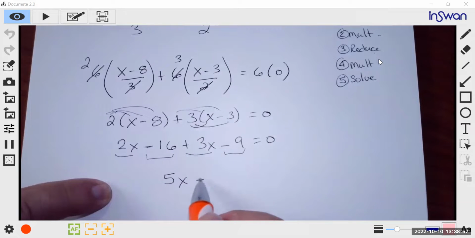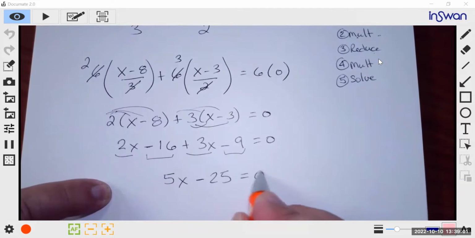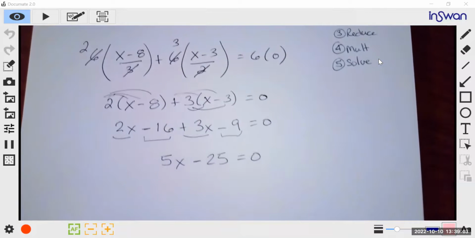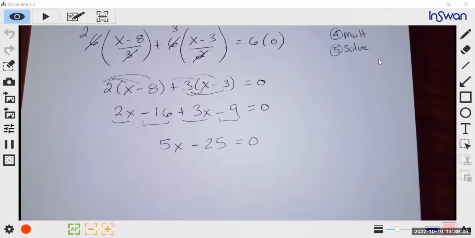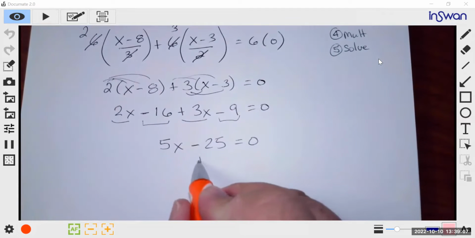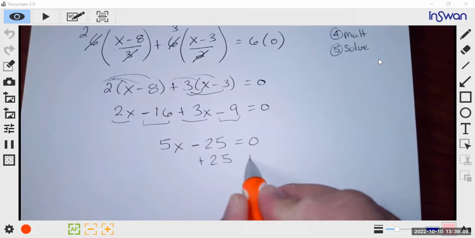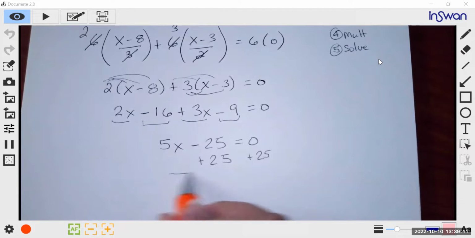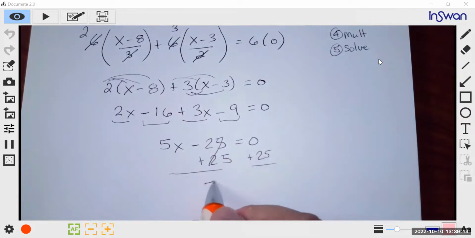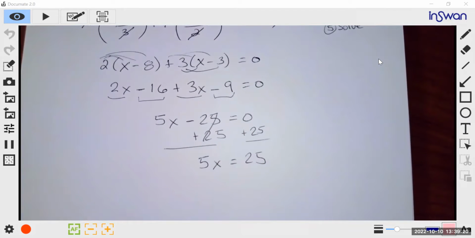They're both negative. 16 plus 9 is 25. Add 25 to both sides. And divide by 5.